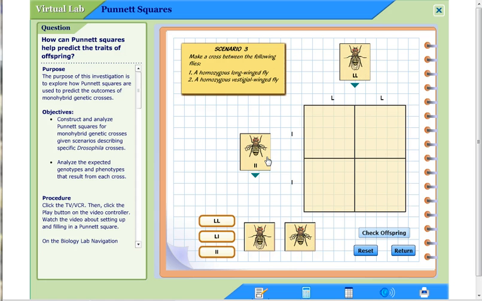This guy, sperm or egg that could come from this guy, I don't know if it's male or female, could only have this lowercase l, could only have the recessive allele to pass on. So all you have to do is put these two together. Let's say that egg came together with this sperm and then we have that whole person. So a big L and a little L. Boom. Big L, little L. Big L, little L.